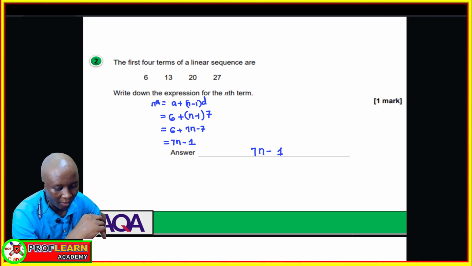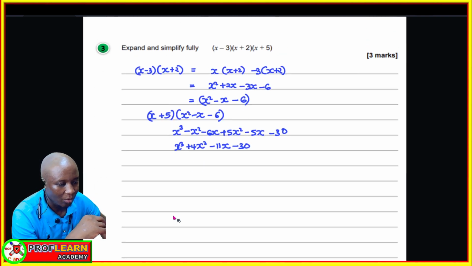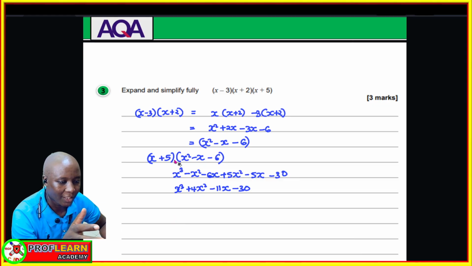So moving further, another area that you need to look at is expanding and simplifying brackets. In this case, you can see we have 2 brackets, which means you multiply the term x with everything that is in the second bracket, and -3 multiplied to everything that is in the second bracket, as shown here.